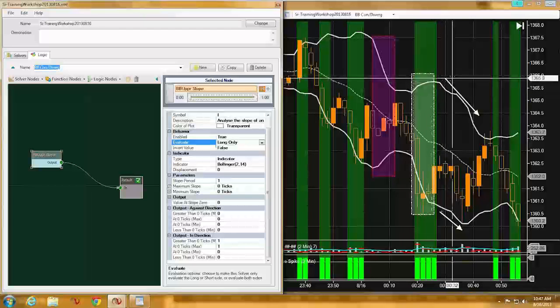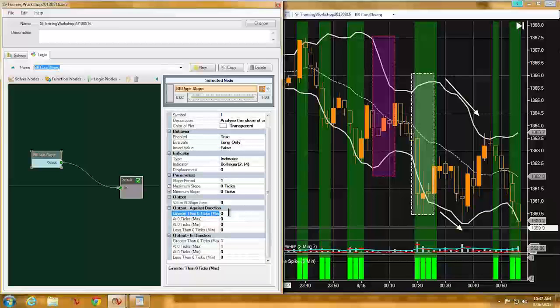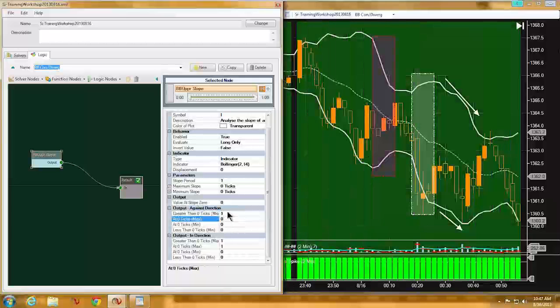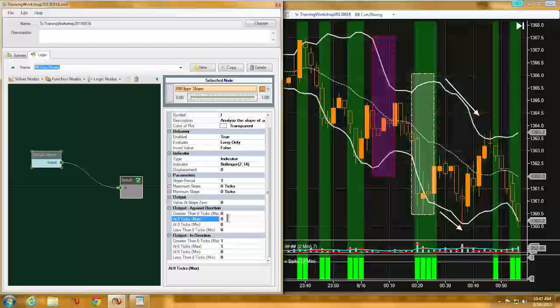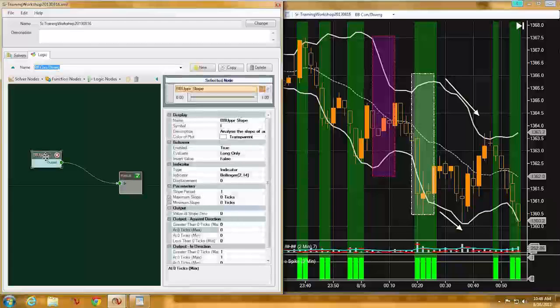Yeah, an upward slope there. It's been a while since I've done this. So all right, yeah, I'm just going to go with that for now, and I'll use some function nodes.